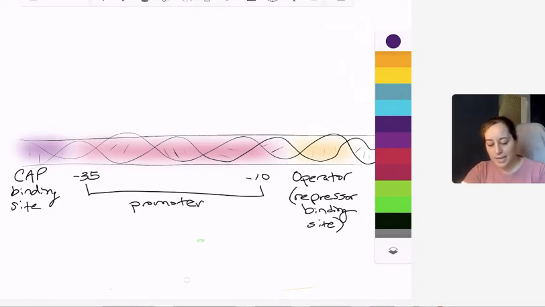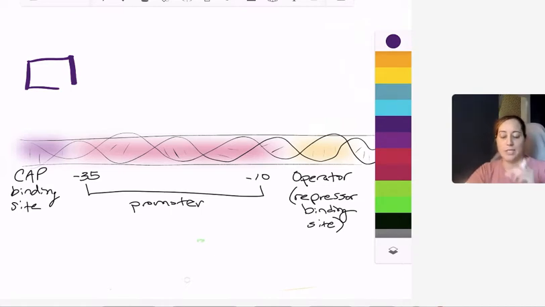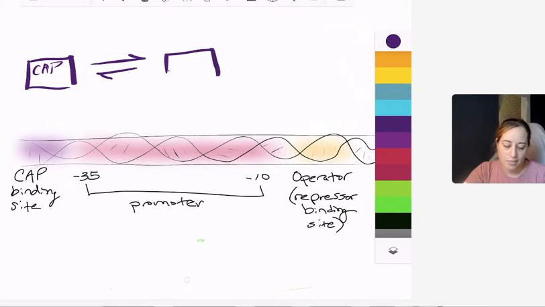So the cap protein also has two different configurations, just like the repressor protein did. And again, the cap protein is not encoded by the genes in this operon. So we have the cap binding protein, and it can be in a form where it binds DNA, or it can be in a form where it does not bind DNA.